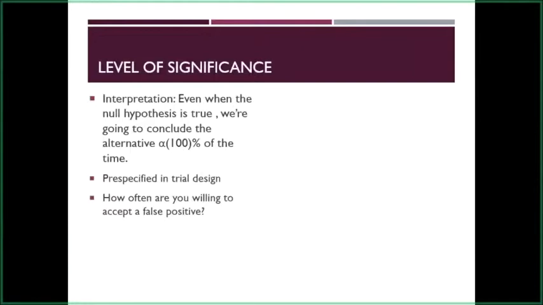So in that case, maybe a 10% false positive rate would be acceptable. So really, there is some level of flexibility for you to think through what that level of significance ought to be. And it likely depends on the type of intervention that you're studying, and it may depend as well on the phase of study that you're in.